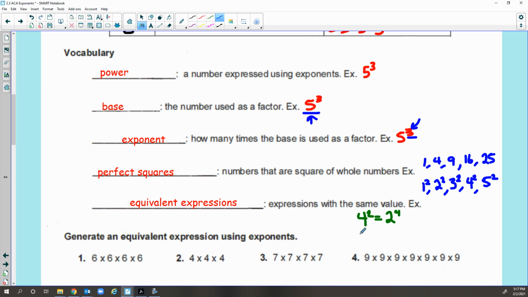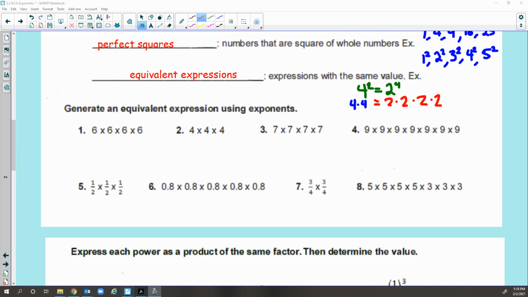Because 4 squared represents 4 times 4, which we know is 16. And we know that 2 to the 4th is 2 times 2 times 2 times 2. It's 2 repeated 4 times, not 2 times 4. So I would take 2 times 2 to get 4, 4 times 2 to get 8, and 8 times 2 to get 16, which is the same as 4 times 4. So it's pretty cool.